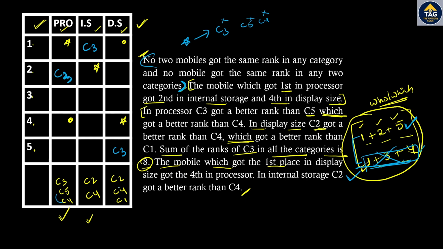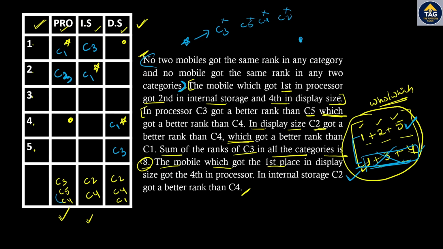As 2 mobiles got placed next to C2, C2 cannot get the fourth rank in display size. So, the mobile which we marked as star cannot be C3, C5, C4, or C2. So, it has to be C1. So, we have fixed C1 and C3 earlier. Now, we are left with 3 options, C2, C4 and C5.